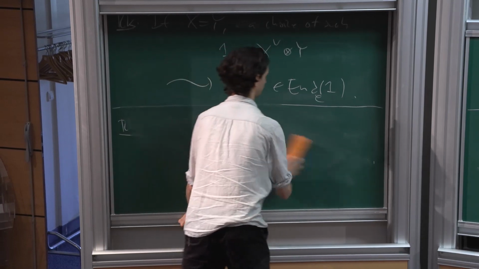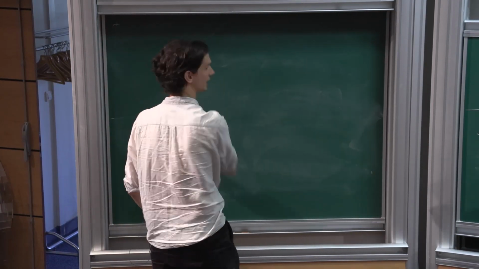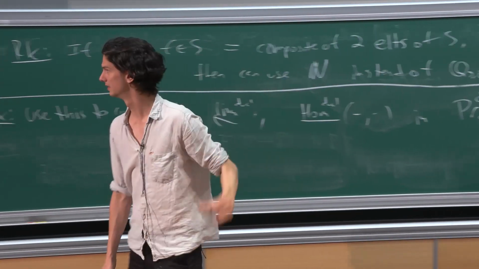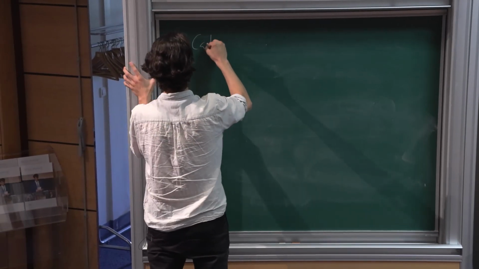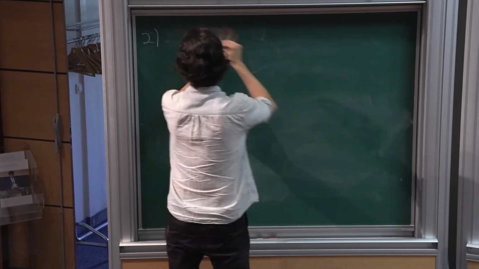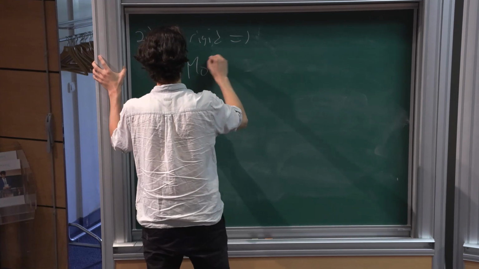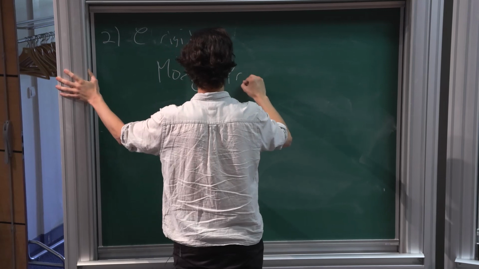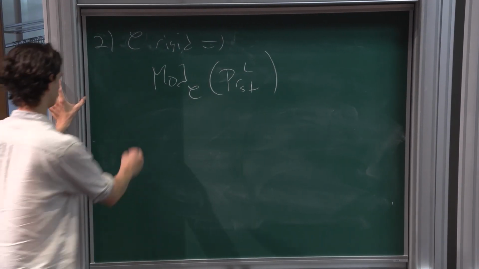And the second thing, which is the raison d'être of rigidity, is that rigid categories are suitable base categories in this theory. So for C rigid, the category of C-modules in PrL stable has nice properties.